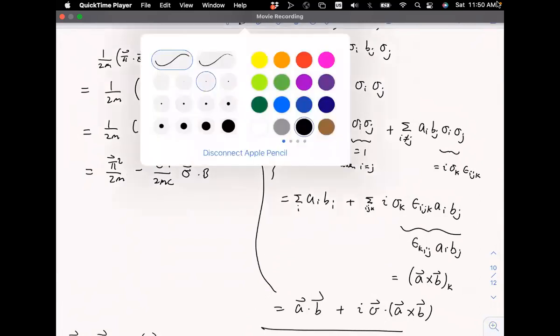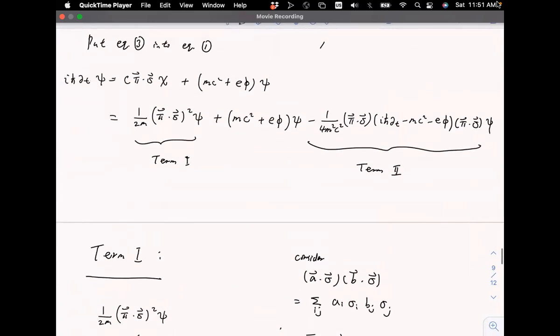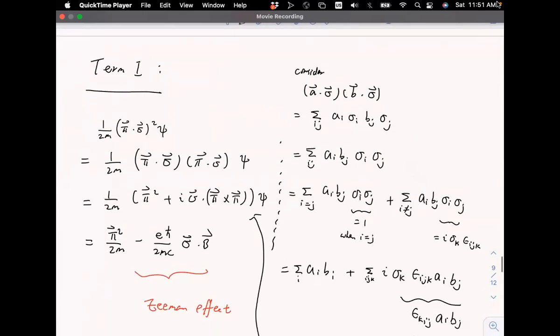And this thing is the Zeeman effect. So basically, the Zeeman effect is inside this term. It includes the Zeeman term, because we are dealing with term 1, and term 1 has this one, and this is Zeeman.